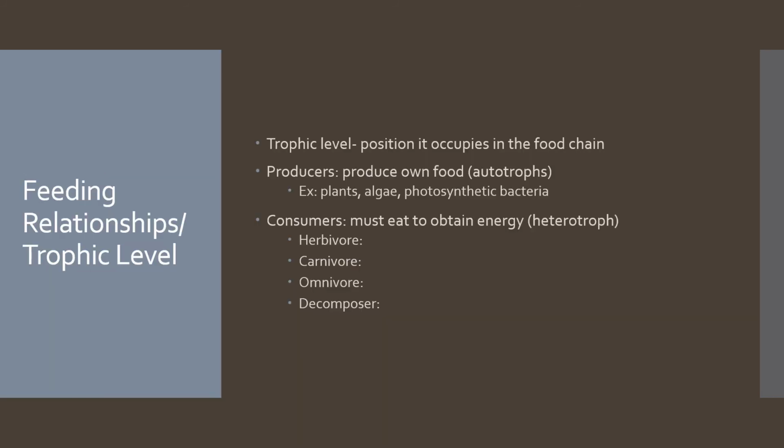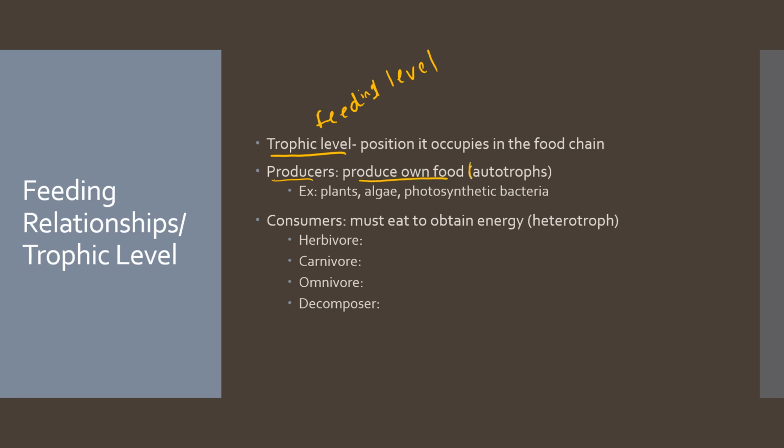All right, so feeding relationships and trophic levels. This is also where the niches come in. All right, a trophic level is a position it occupies in the food chain. So it's like the feeding level. Like, where are you in the food chain? That's what it's answering. All right, producers, the most important part of the food chain because all life relies on them. They produce their own food.